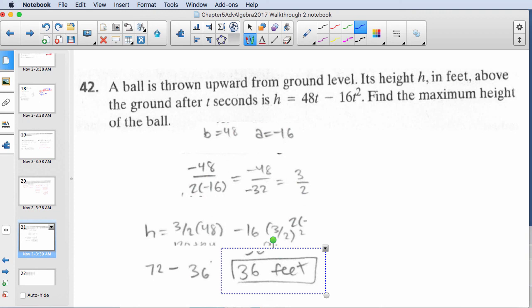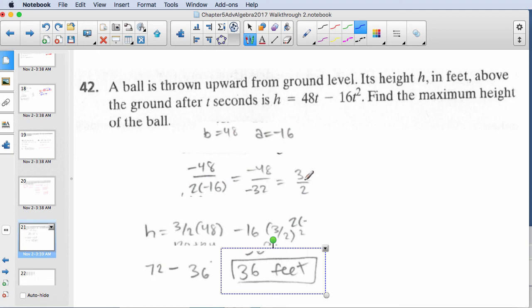Okay, so for this problem, we have a downward sloping parabola, the maximum height is going to be at the vertex. So here we've got b is equal to 48, a is equal to negative 16, minus b over 2a is going to give us negative 48 over 2 times negative 16.